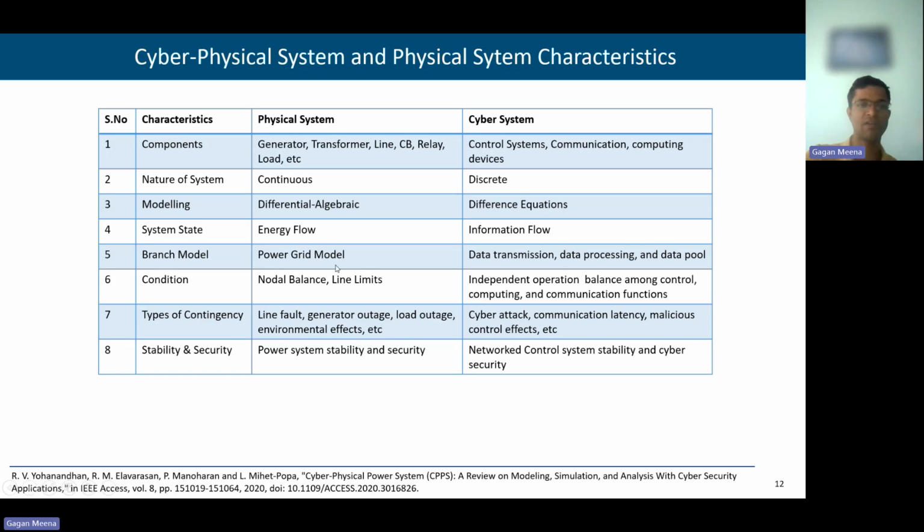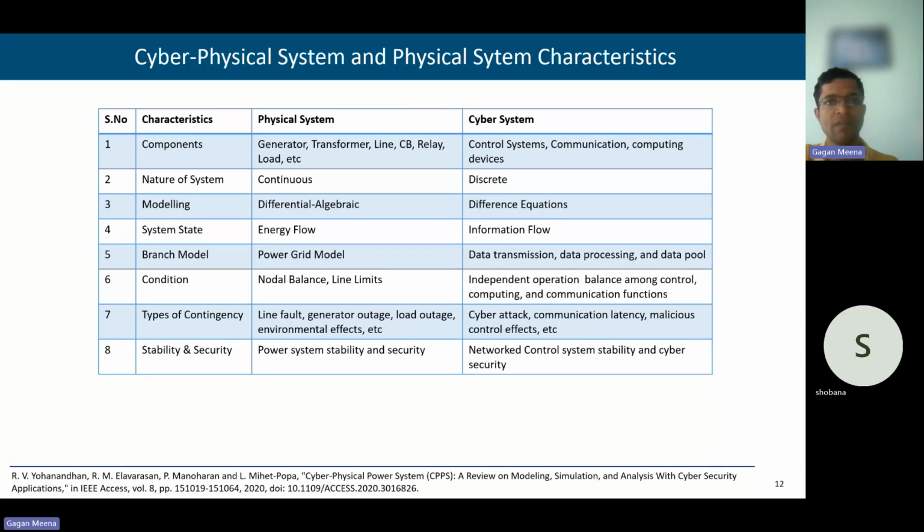These are the different components you can see here. Here you can see the difference between the two systems, the physical system and the cyber system. Components in the physical system are all the physical components like generators.